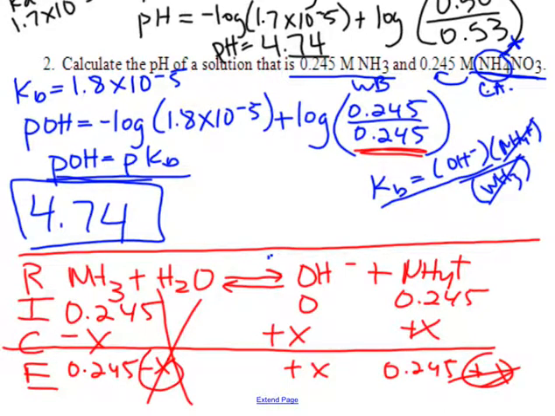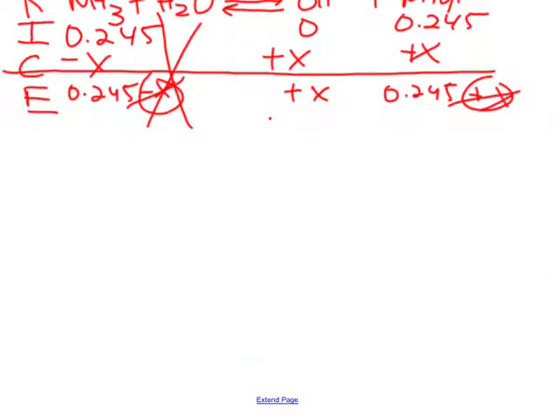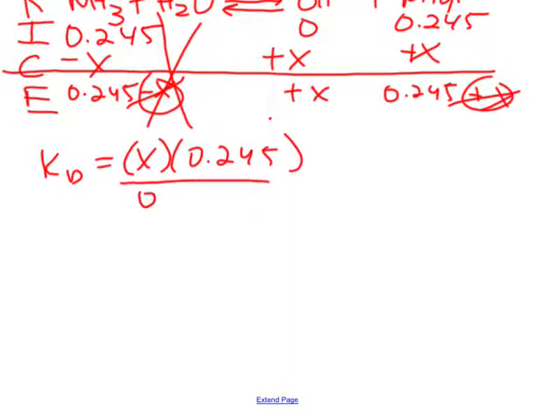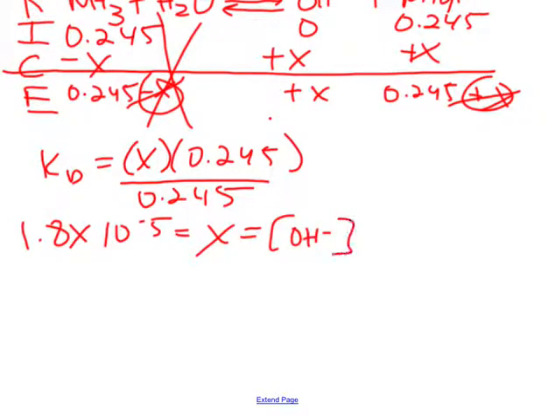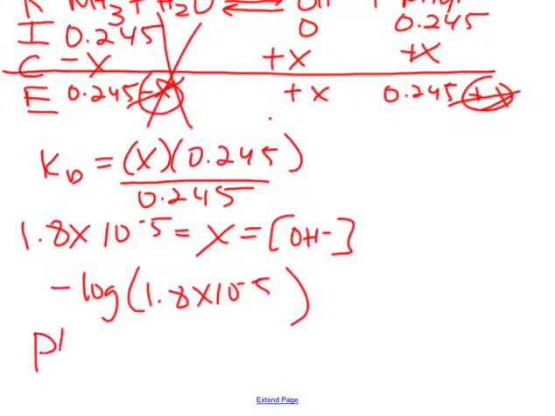These cancel. What do I do next to find pH? Kb is equal to x times, I can drop my x, and I know my Kb, and then I can find this is equal to the OH concentration, so then I can take the negative log of that and be done, and that would give me pOH.